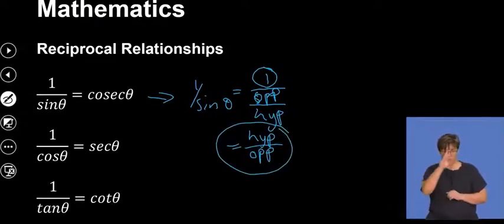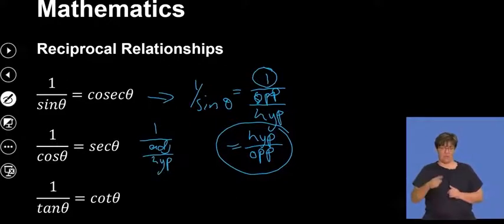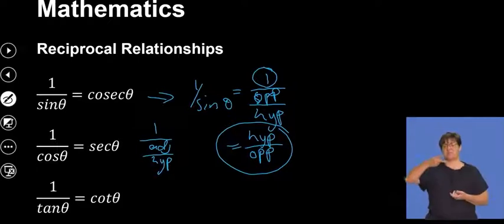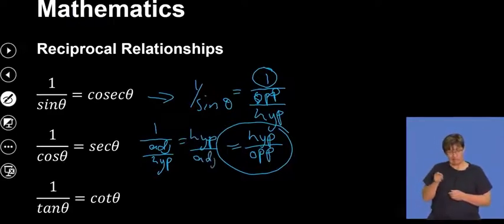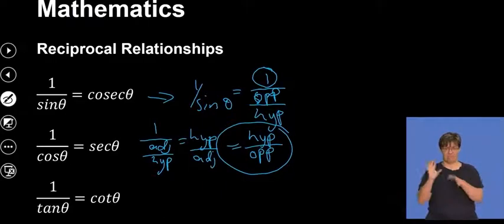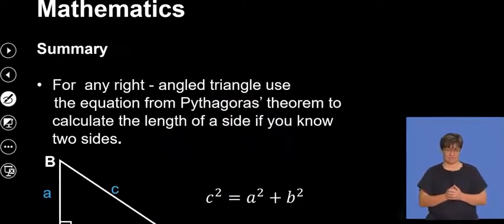So I hope you remember what we spoke about. With the 1 over cos, it's the same thing. It's 1 over adjacent over hypotenuse. Because of the 1 that I'm using as the numerator, my denominator as a fraction will tip upside down, and it will then become hyp over adjacent. So that's what we are talking about when we talk about a reciprocal relationship.